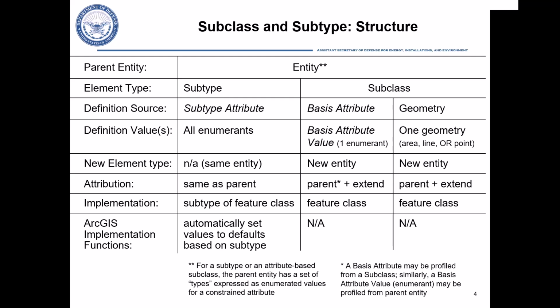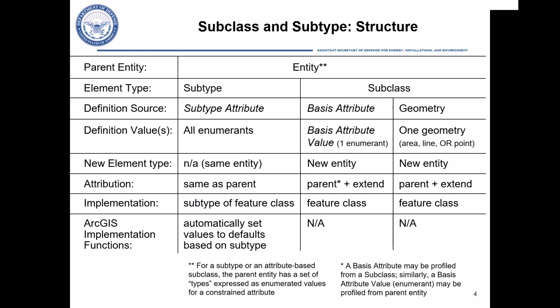The structure of subclasses are defined in the third and fourth columns. For subclasses defined by a basis attribute, the value comes from a single enumerant in an enumeration that constrains that basis attribute. For subclasses defined by geometry type, the defining feature is simply one of the permissible geometry types of the parent entity.